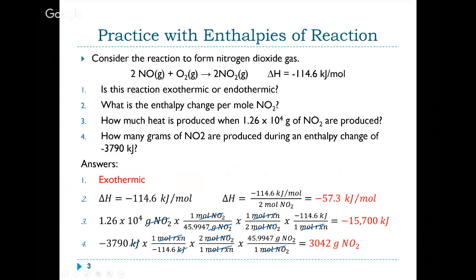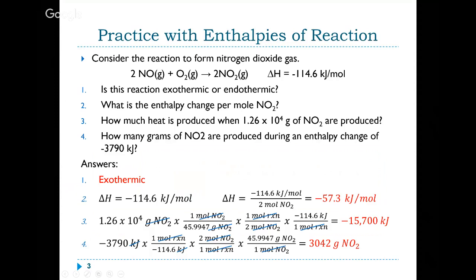Then our next step is to look at the balanced equation and see how many moles of nitrogen dioxide are in the reaction. So 2 moles for every 1 mole of reaction that we do. And the enthalpy associated with 1 mole of that reaction is our given value of negative 114.6. So we do our unit conversions here.